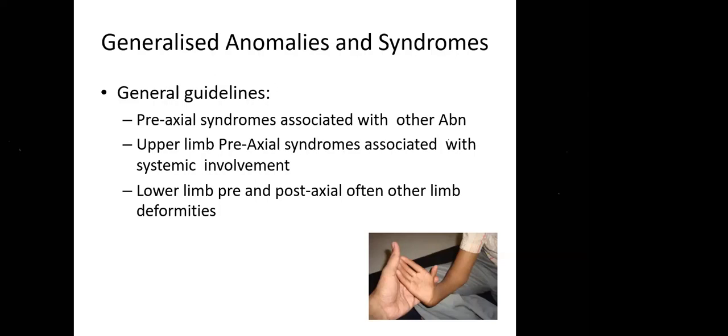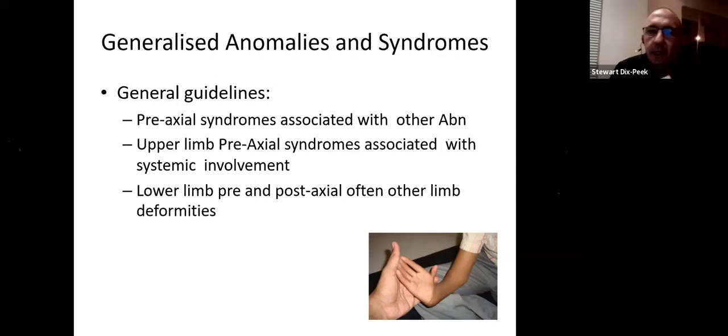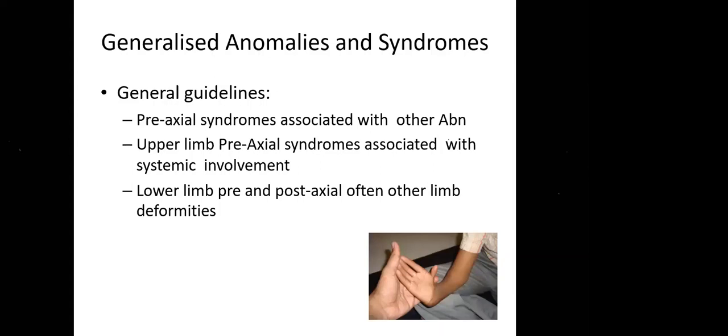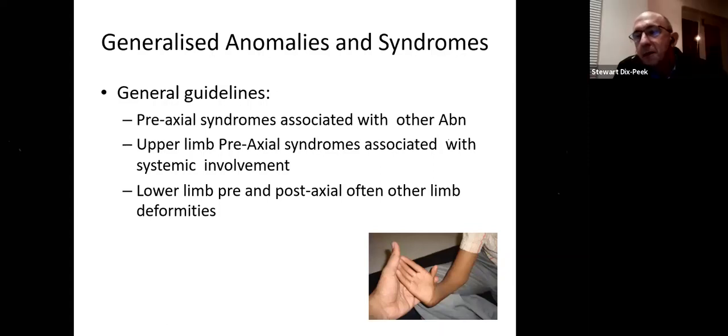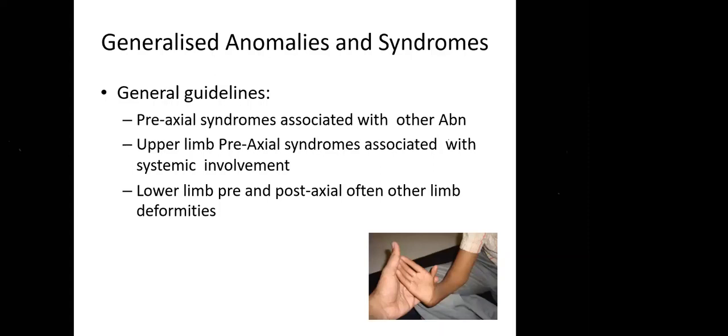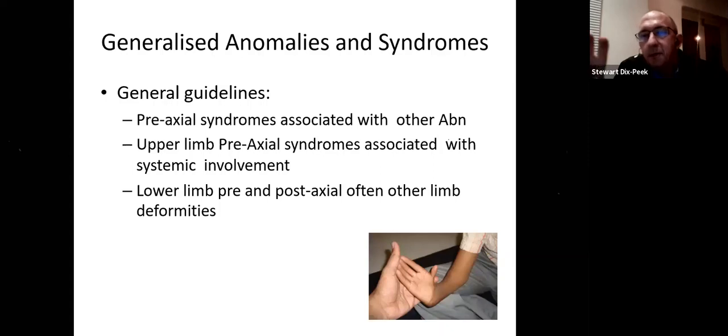Yeah, I don't think so. Yeah, so they almost always go together. So remember, you can see it looks like there's a deficiency of the radius here. And your radial club hand almost invariably, not always, but almost invariably goes with some form of hypoplastic or deficient thumb abnormality. Now, there's a kind of hidden rule with upper limb versus lower limb abnormalities.